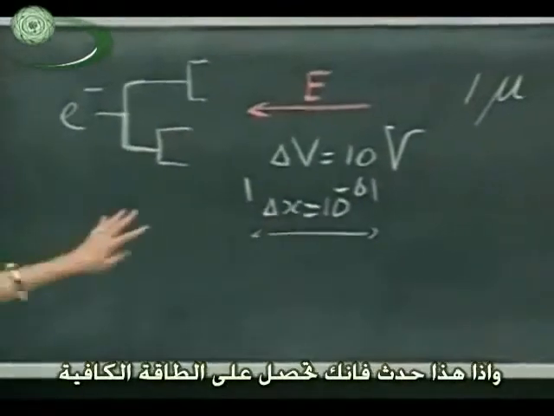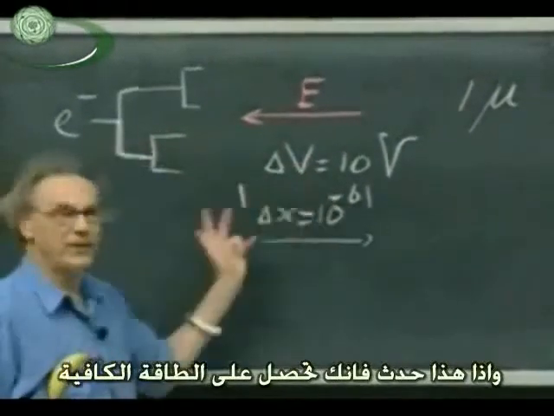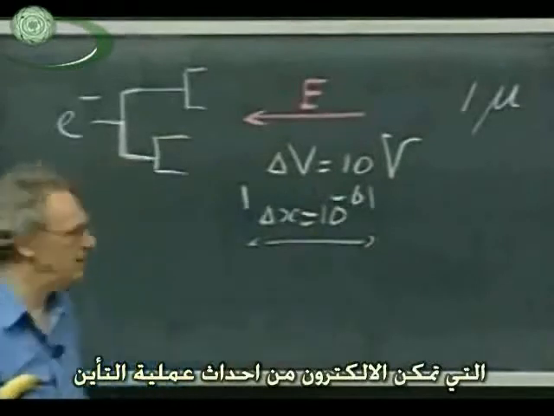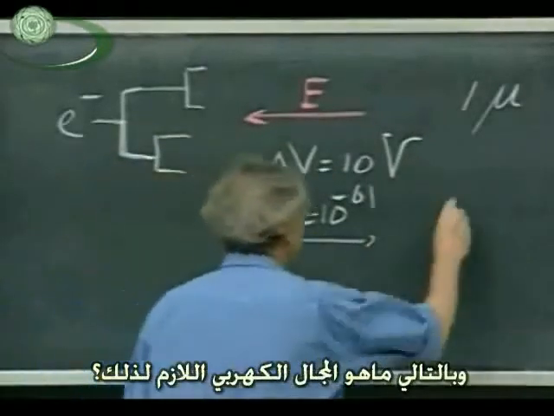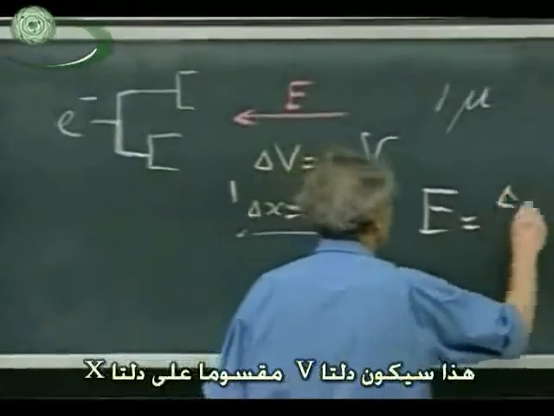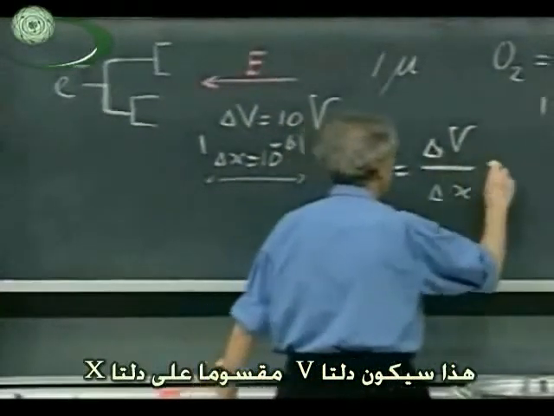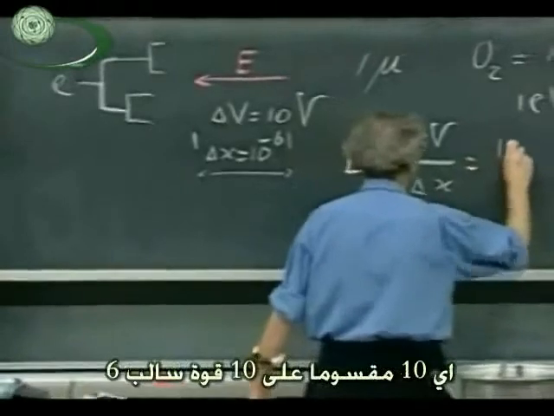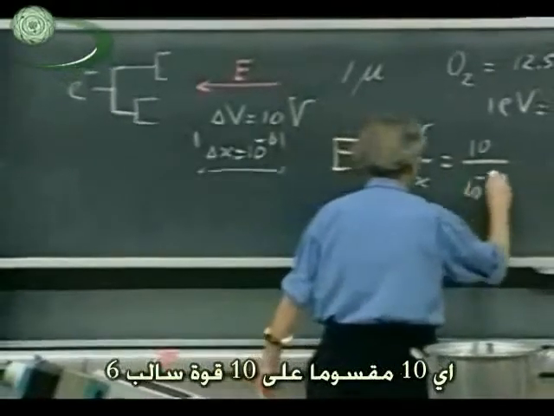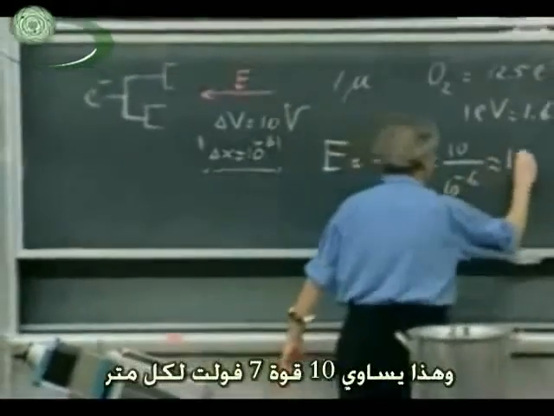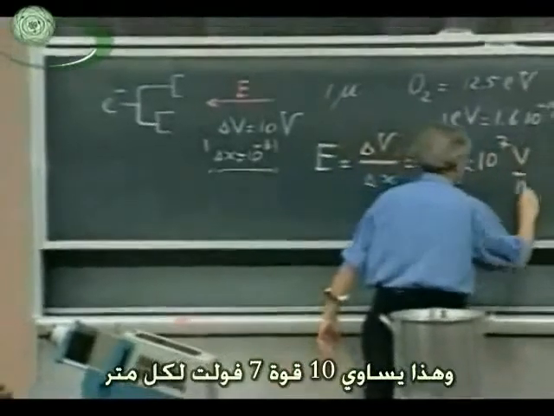And if that happens, you'll get enough kinetic energy in the electron to cause an ion. So what electric field is required for that? That is delta V, the potential difference, divided by delta x. So that is 10 divided by 10 to the minus 6. So that's about 10 to the 7 volts per meter.